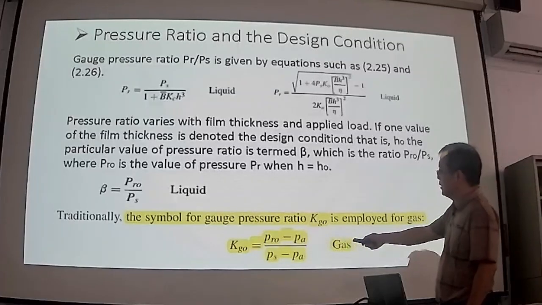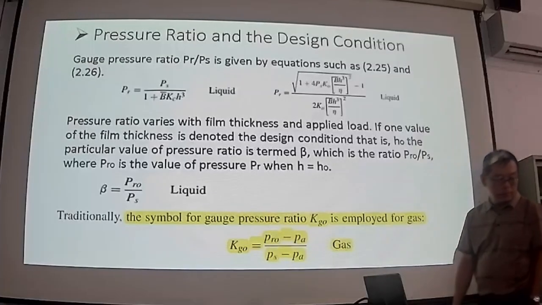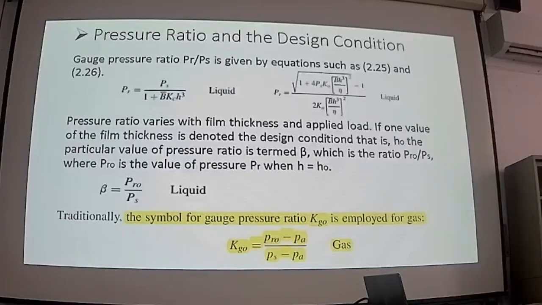This gauge pressure is usually also called flyover pressure. So it's the atmosphere larger than the calculation usually in the design.